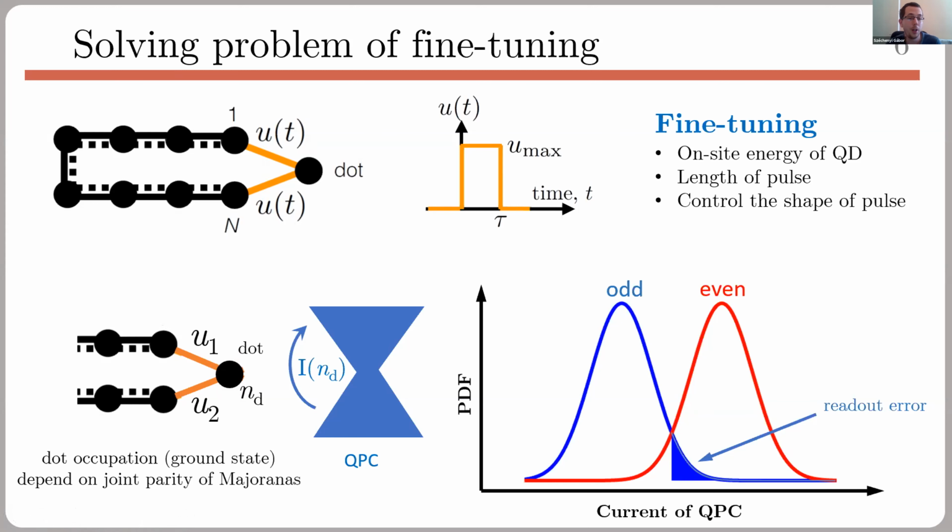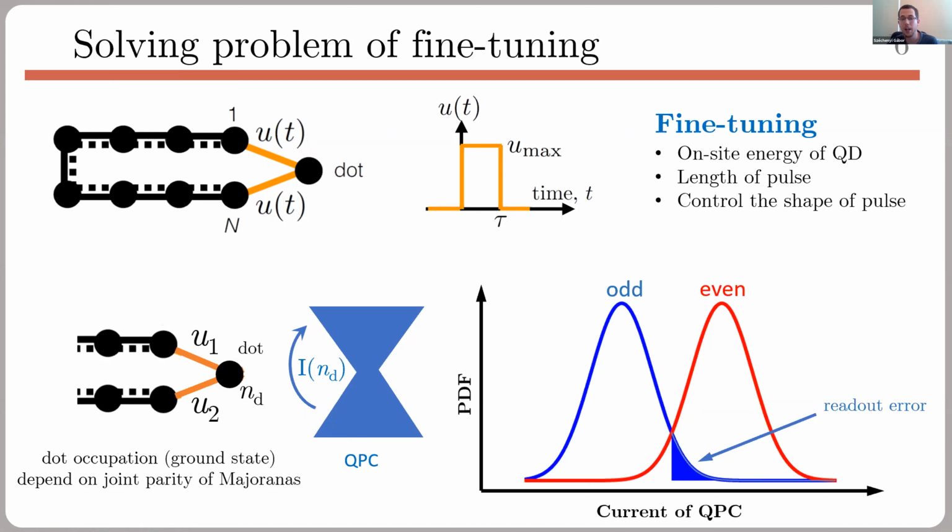So there is a different occupation number for the even ground state and for the odd ground state. So if we would like to distinguish, we should measure the number of electrons on the dot. One idea is to use a quantum point contact and measure its current, which depends on the number of electrons on the dot, for example, due to the Coulomb interaction.